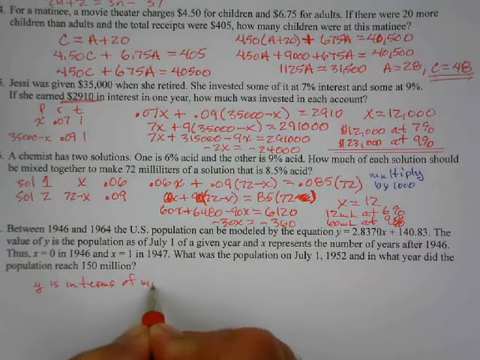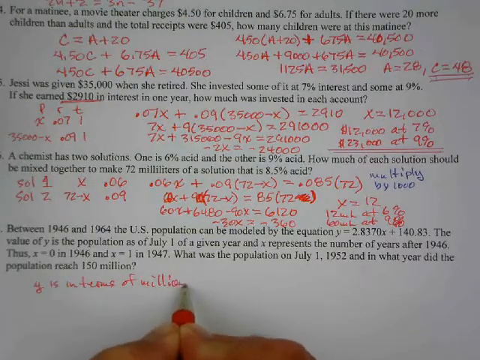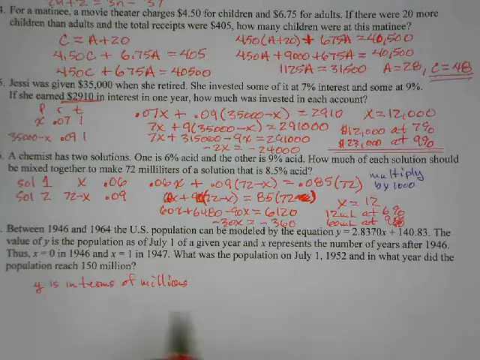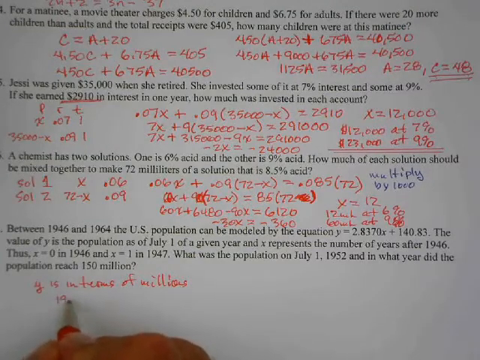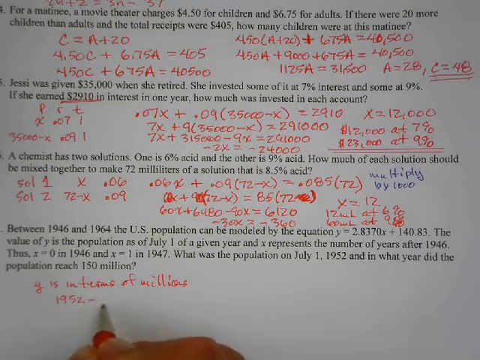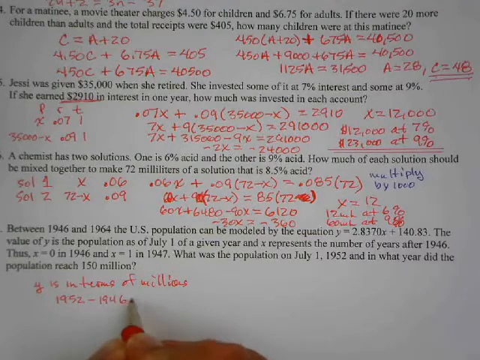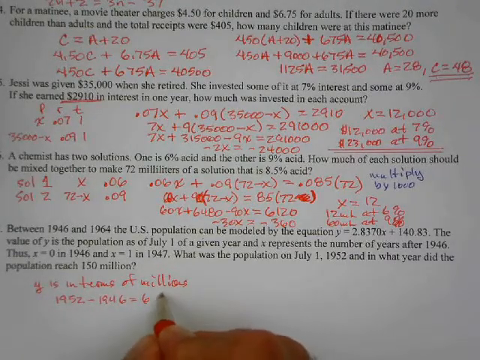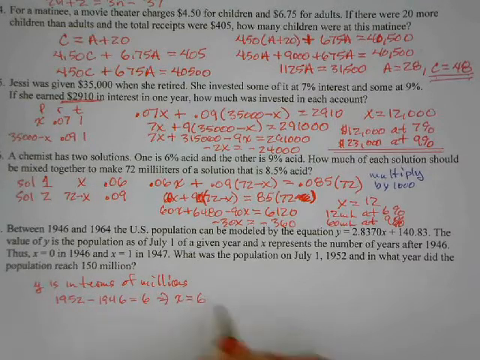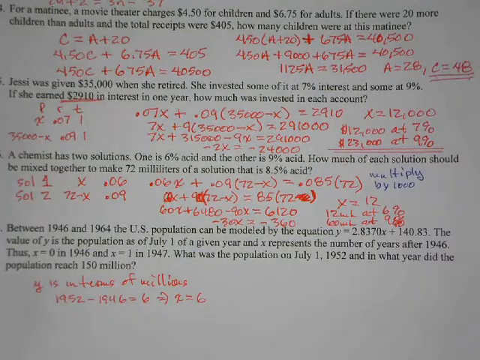Now, 1952 subtract 1946 gives us 6. So what we're looking for is x equals 6, the number of years after 1946. Now, if you're not sure, you can always do it this way too. You can make yourself a little table, year and x.